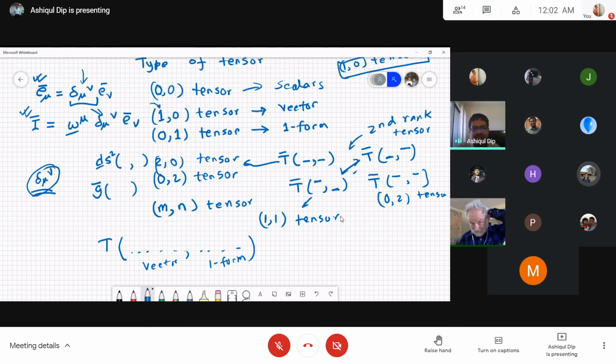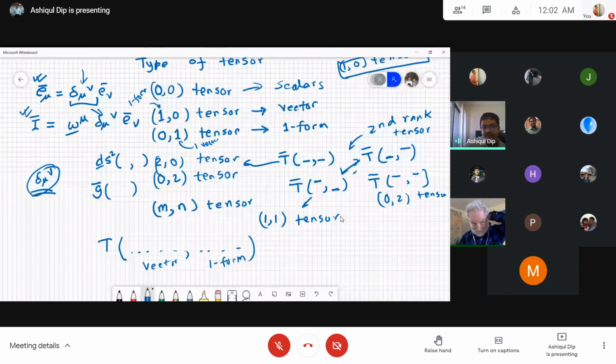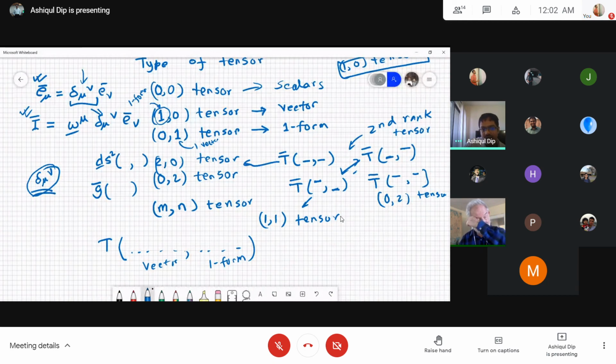Here one means one one form. The first number tells how many one forms it can take, and the second tells how many vectors it can take. So actually I made a mistake over there. Probably it confused you a lot, right? Yeah, I get it.